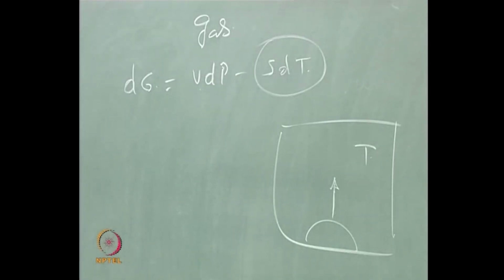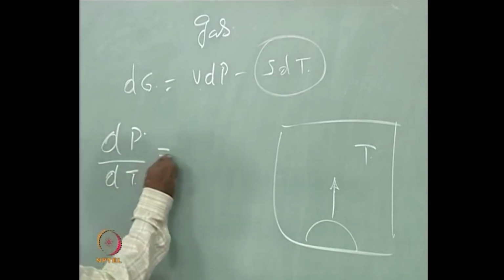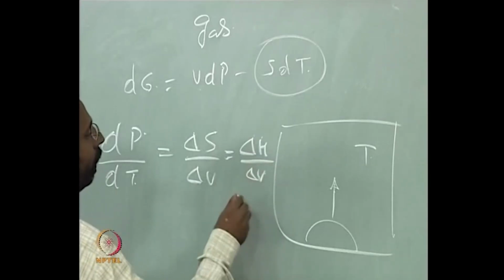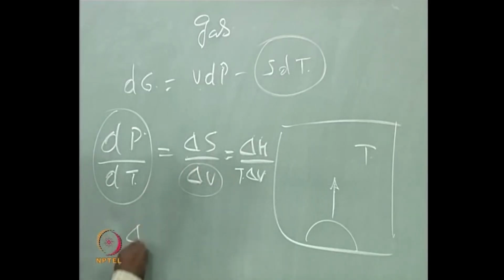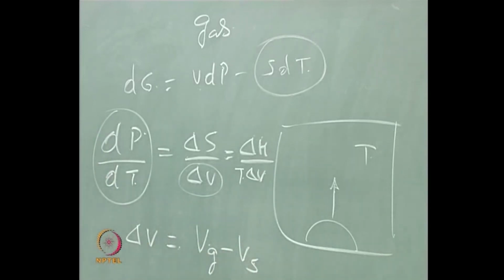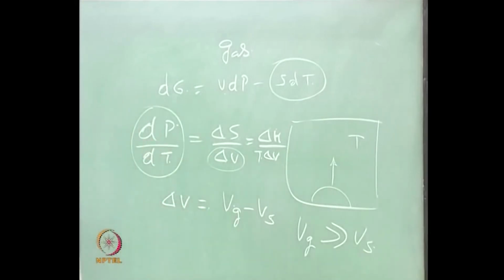So, if you want to consider this expression in detail, we can basically write this expression as dP by dT equal to delta S by delta V, which can also be written as delta H by delta V into T, where delta V is basically nothing but V of the gas minus V of the solid, am I right, and usually V of the gas is much larger than the V of the solid, am I right.